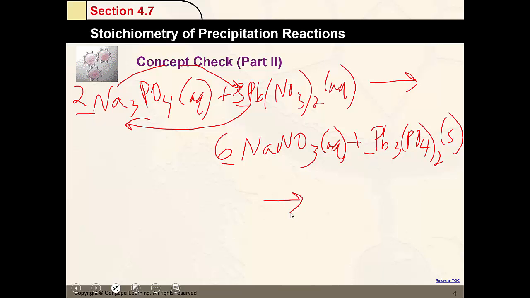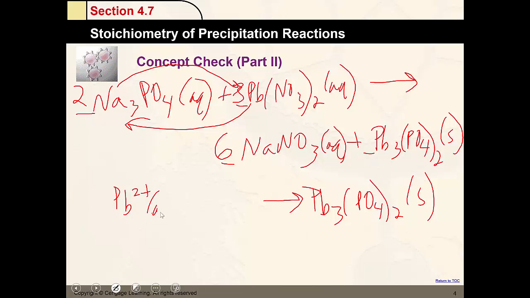And from that we can write our net ionic equation. So we know with our net ionic equation, we write our solid product, the precipitate, on the right side, and we know the 2 ions that make up lead(II) phosphate are lead 2+ and the phosphate ion.